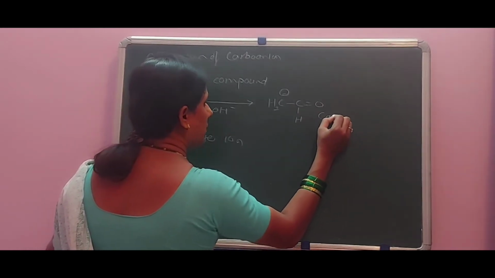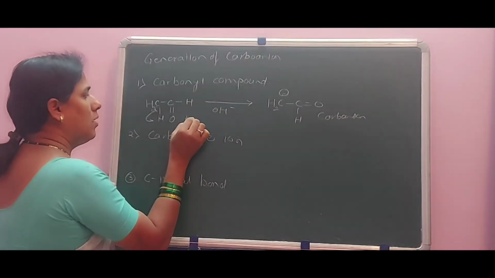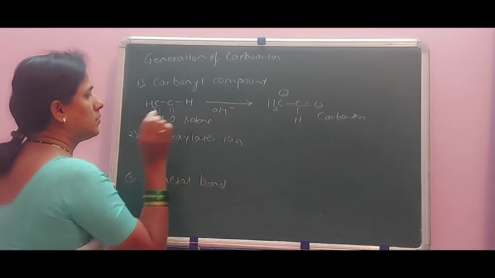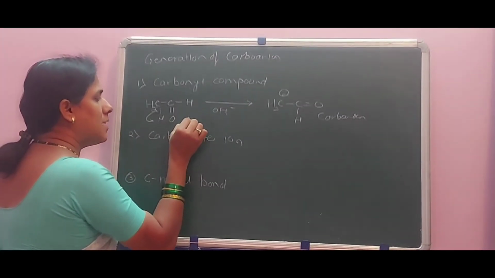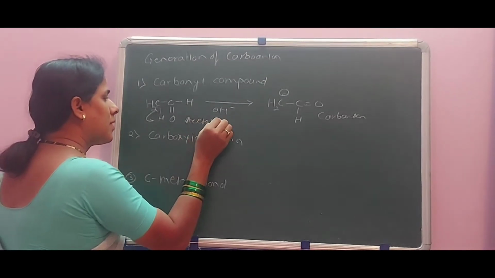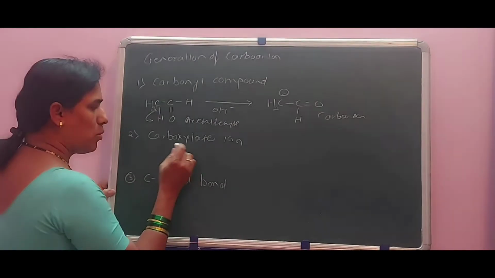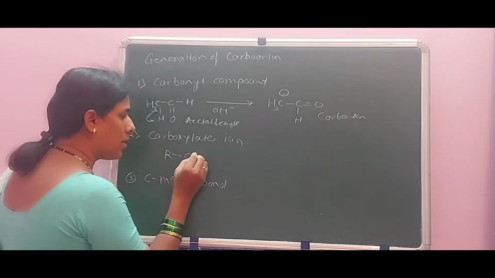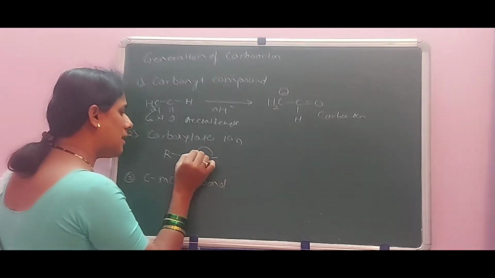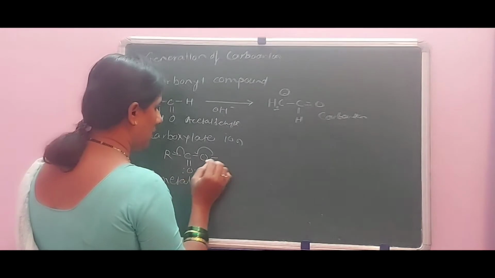Okay, that is the carbanion of a ketone. CH3CHO is called acetaldehyde here. Now the carboxylate ion: here are C double bond O and O. Okay, these electrons go on here, these electrons go on here.